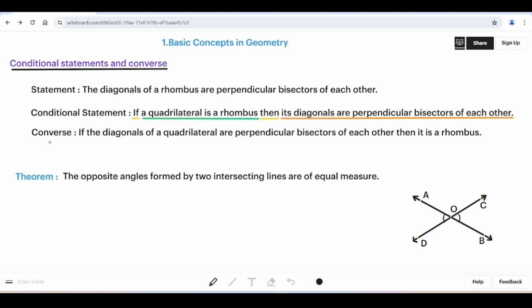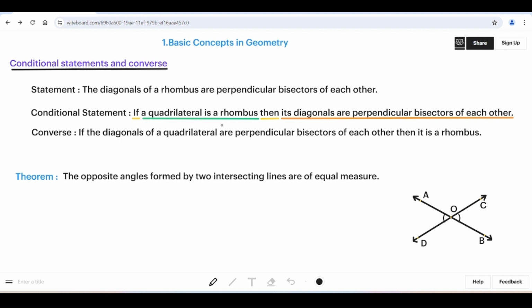Now, what is the converse of a statement? In the converse of a conditional statement, we only interchange the antecedent and consequent. Now see, here: if the diagonals of a quadrilateral are perpendicular bisectors of each other, this becomes our antecedent in the converse statement, which was the consequent of the conditional statement, and then it is a rhombus.